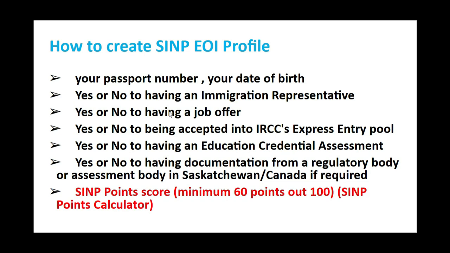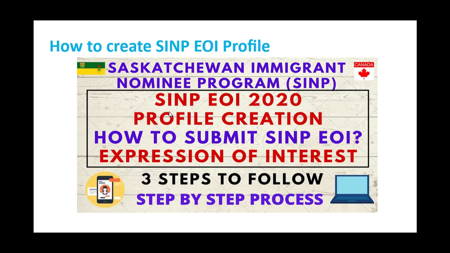Okay, so if you do not know about this, I have already created a video on that, on how to create the SINP profile. In this video you will get all the information step by step, and you will be able to submit your expression of interest through this video. I have already put the link of this video in the video description box.